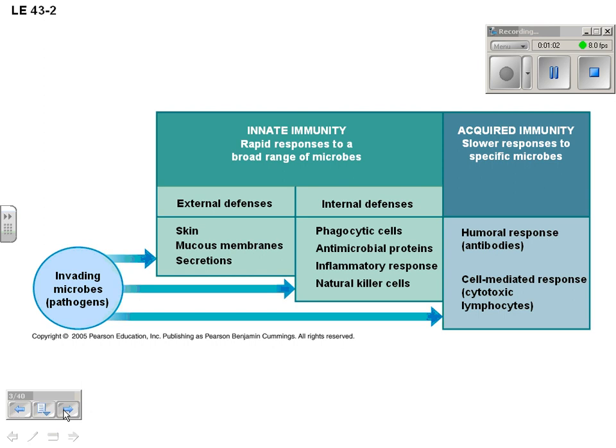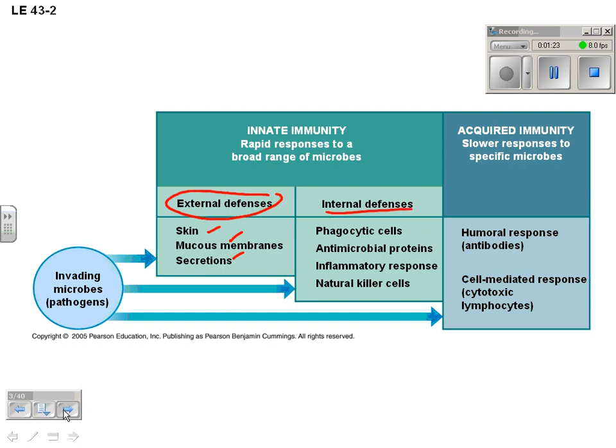Innate immunity is things that you have from birth. For example, you have external defenses like your skin, mucous membranes, glandular secretions like earwax and tear ducts that help flush out things that might get in.